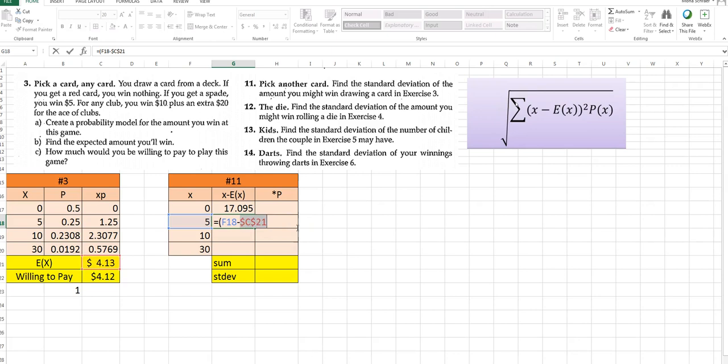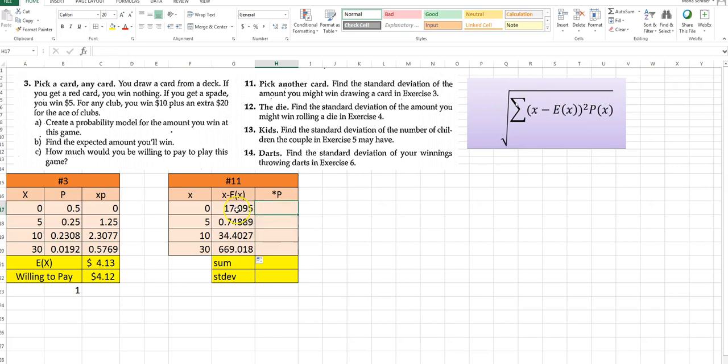Parentheses, whoopsies, sorry. Then I do my parentheses, caret, and square. Okay. At this point, I can just autofill because it's the same every time, and since I absolute reference this, I know that will stay the same, but the actual x's will change. So I autofill there. All right.